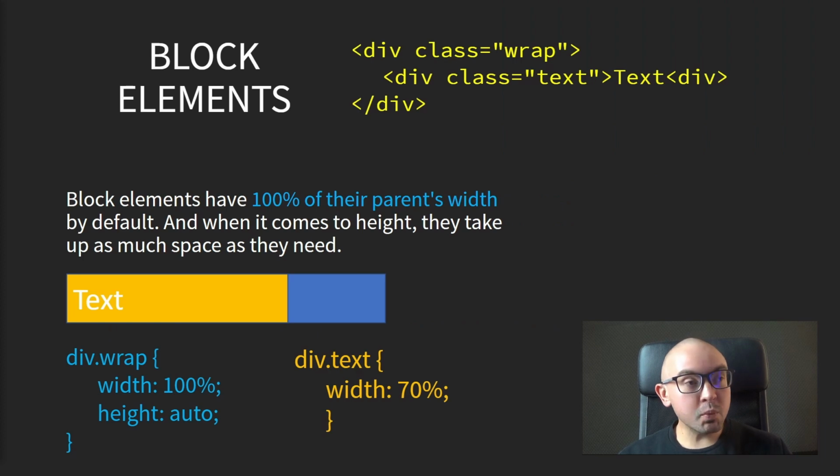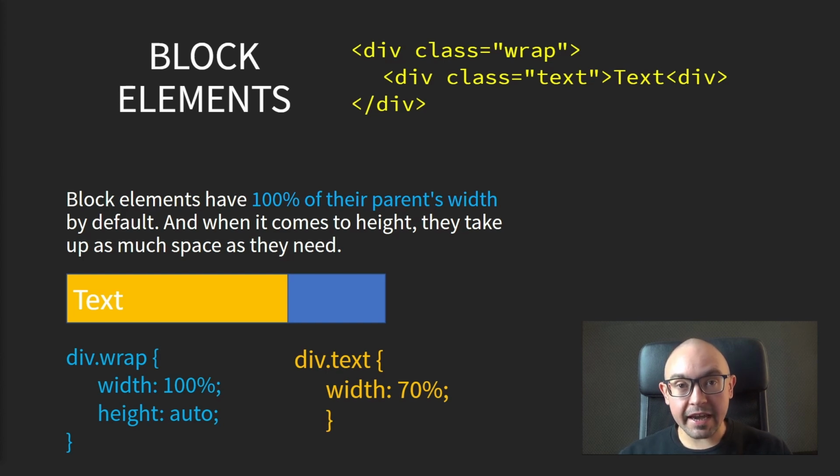In this example, we can see a div element with the class of text, with the text contained inside, within a div element with the class of wrap. Both have the same height defined as auto, due to the text inside of the div with the class of text. The wrap div has the default of 100% parent's width, and the text div is set to 70% of its parent's width, which is the wrap div.